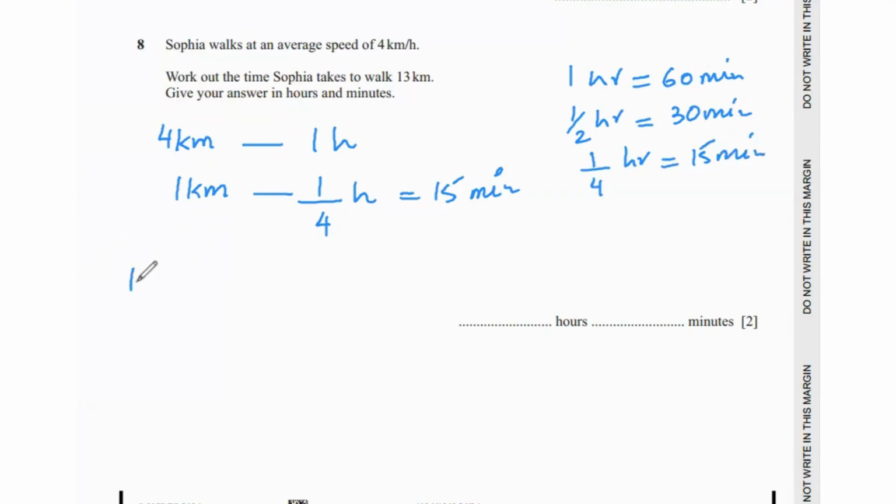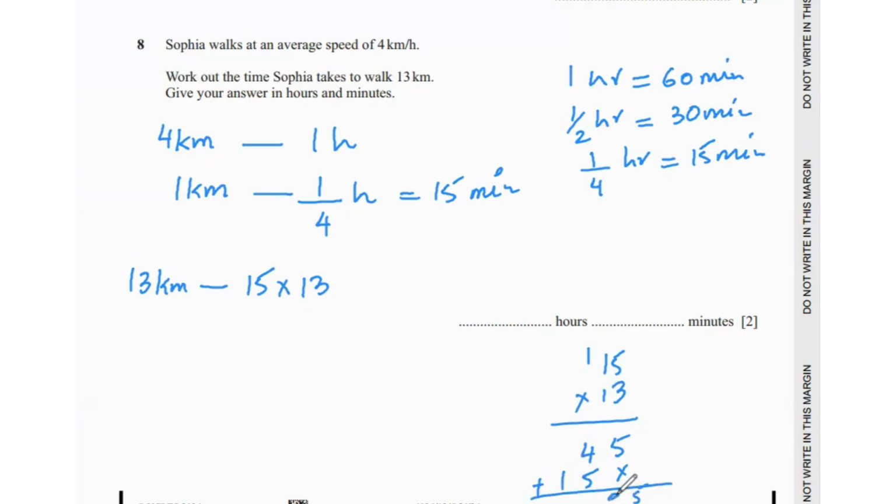Now, for 13 kilometers, we will do 15 times 13. So for 15 times 13, 5 threes are 15, carry the 1, 3 ones are 3 plus 1, 4. Add a placeholder, 5 ones are 5, 1 ones are 1, add it up, 5, 9, 1. So that's basically 195 minutes. Now they want the answer in hours and minutes.